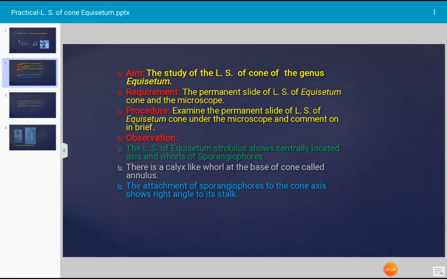In observation, we have to write: the longitudinal section of Equisetum strobilus or cone shows a centrally located axis and whorls of the sporangiophores.